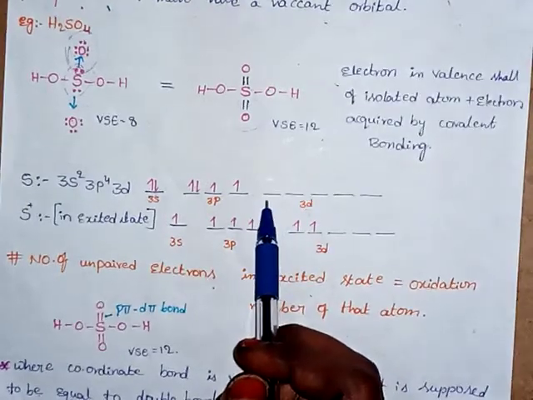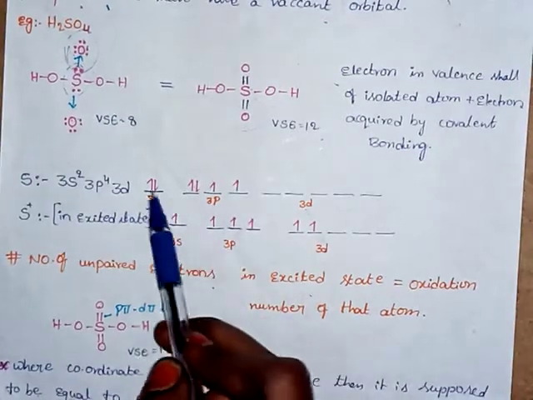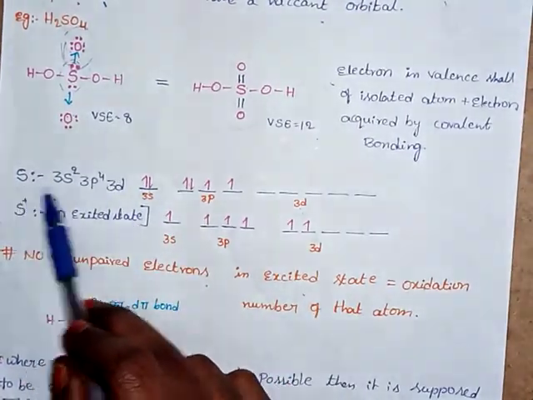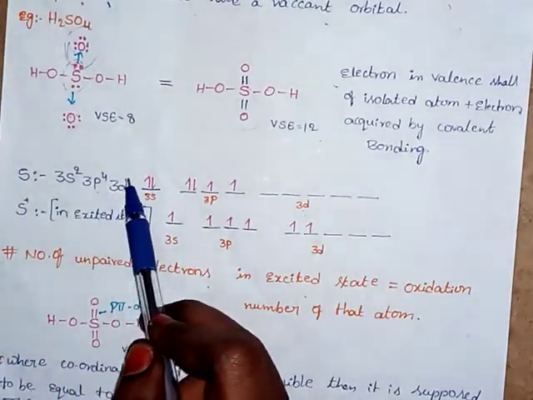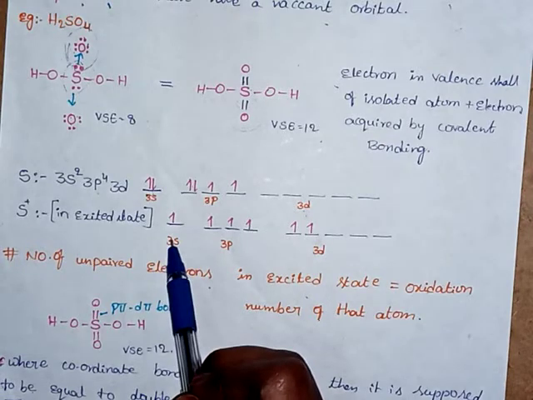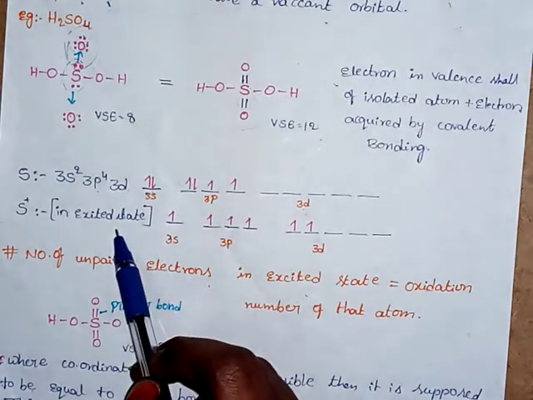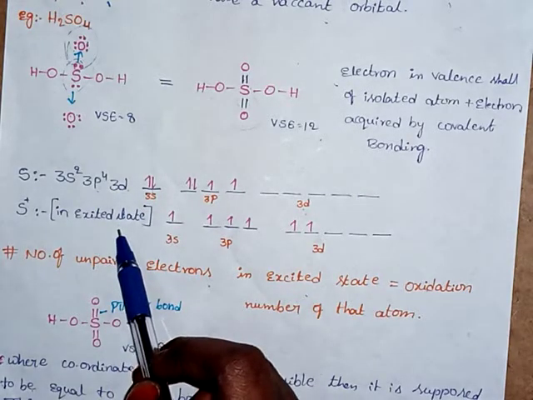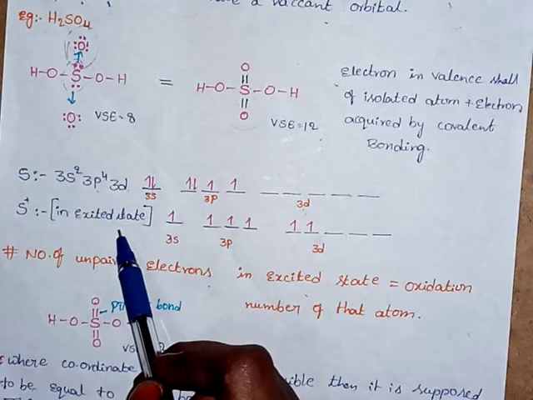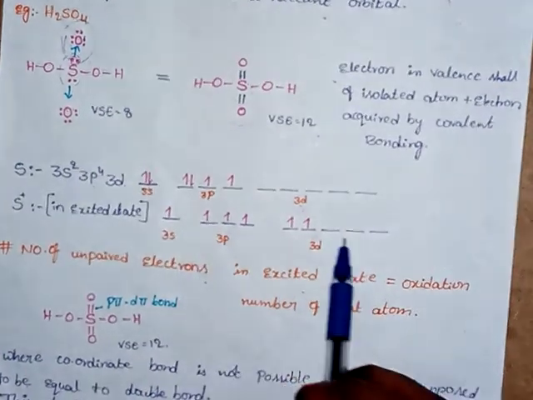So what if it goes to the excited state? What will happen if this sulfur goes to the excited state? See this, I am giving the example. If this 3s2 3p4 3d0 goes to the excited state, the electrons are filled singly into these orbitals.